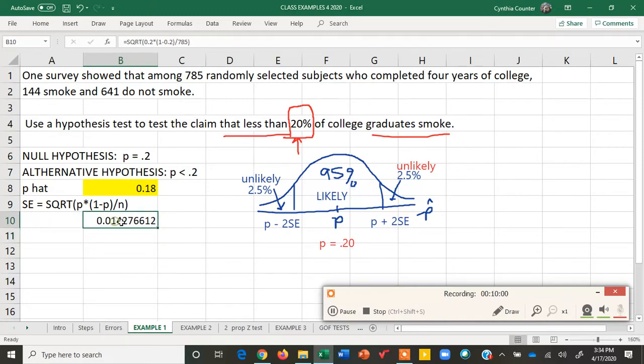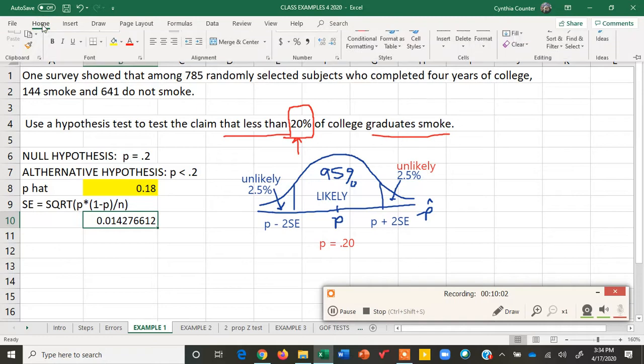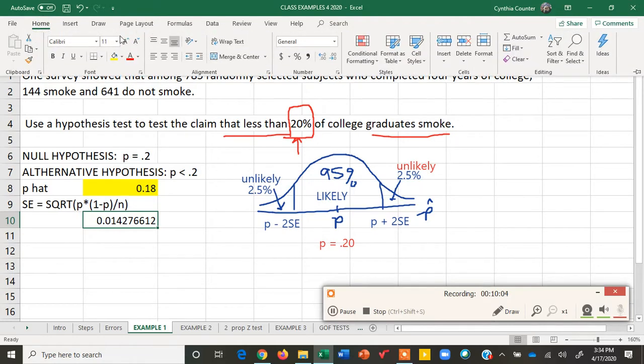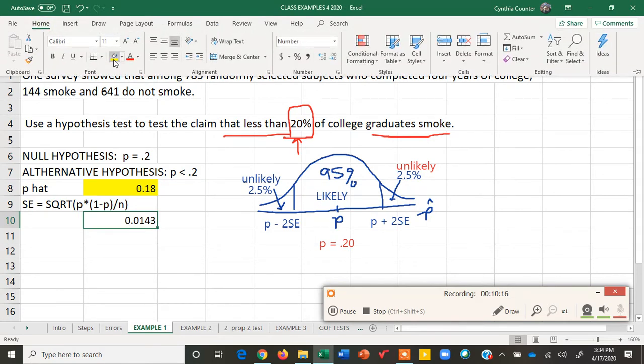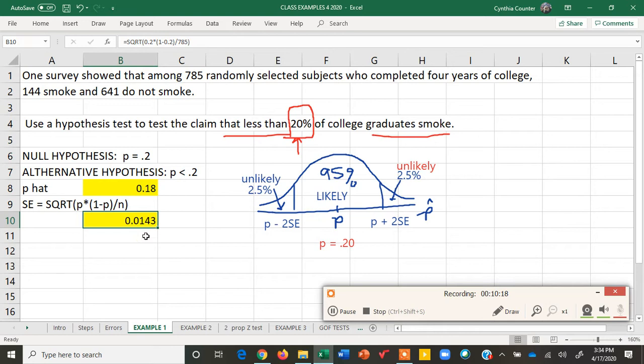So that gives us a standard error of 0.0143 if we just round it down to make it a little easier to talk about. So here is our standard error for the sampling distribution of the proportion for a sample size of 785 and a population proportion of 0.2.